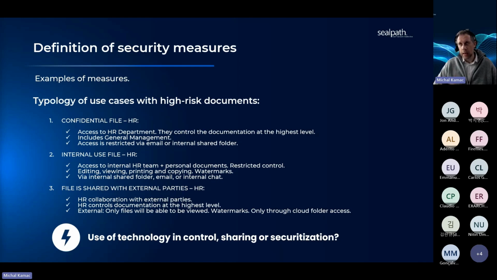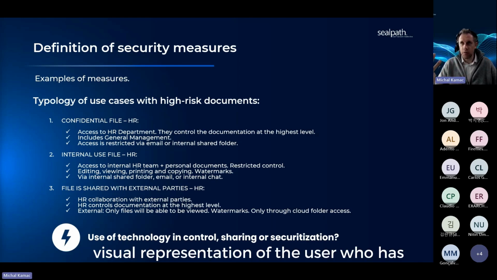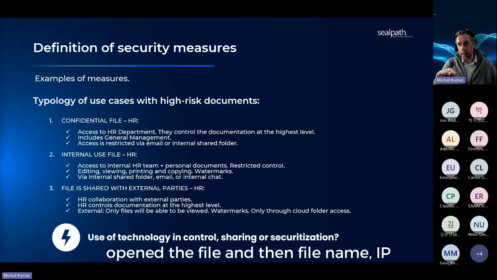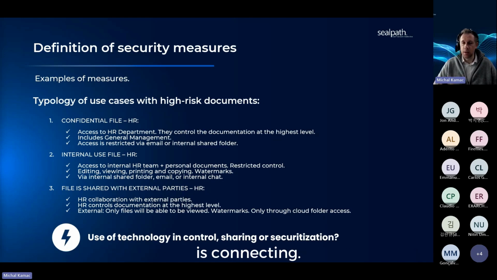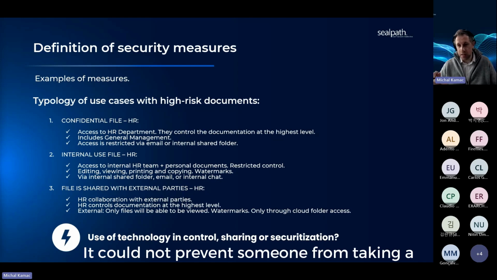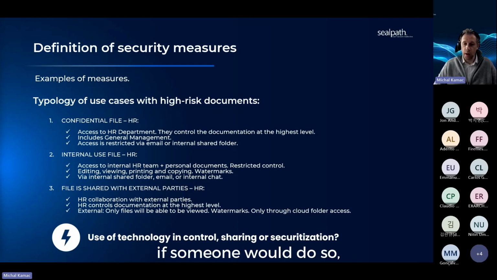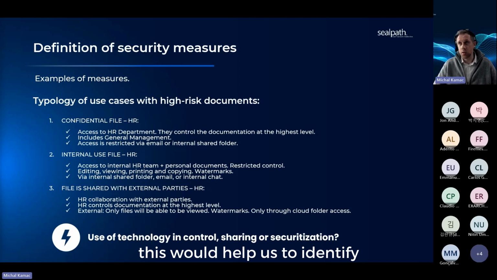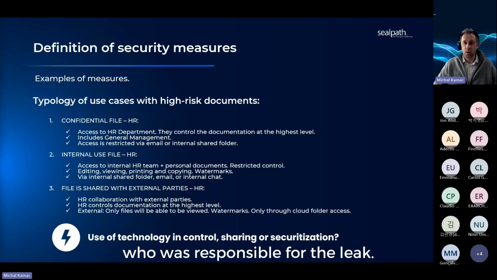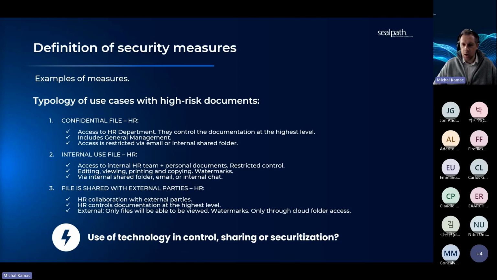So there will be a visual representation of the user who has opened the file, and then file name, IP address, and timestamp from where the user is connecting. It could not prevent someone from taking a picture with a mobile phone, but at least if someone would do so, this would help us to identify who was responsible for the leak.